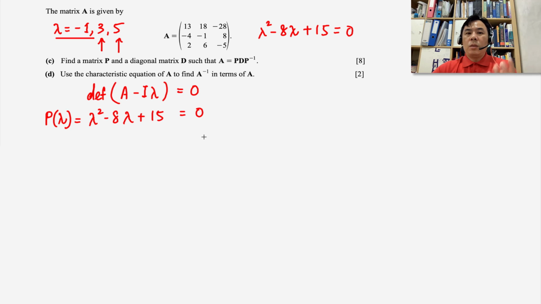And then we can call this P of lambda here. It's a function of lambda. And then we can replace the lambda with the matrix A. Okay, bear in mind here, I did not provide any particular proof as to why we're doing this. I'm just showing you the procedure to obtain the inverse using the Cayley-Hamilton method and with the help of the characteristic equation.